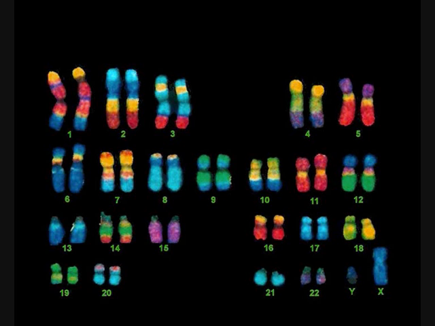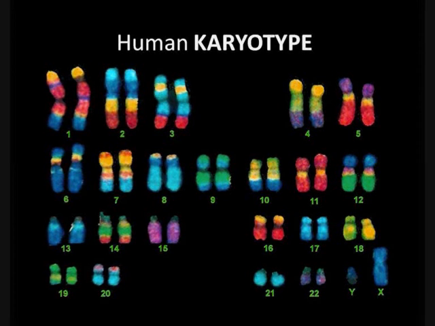This includes 22 autosomal pairs, with 11 chromatids, each from the mother and father, and 2 sex chromosomes, XX for females or XY for males. The complete set of chromosomes for an organism is known as its karyotype.